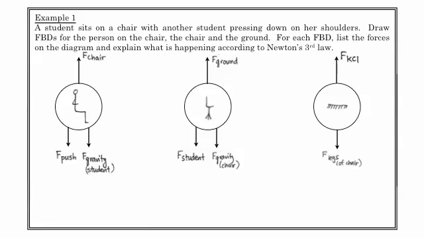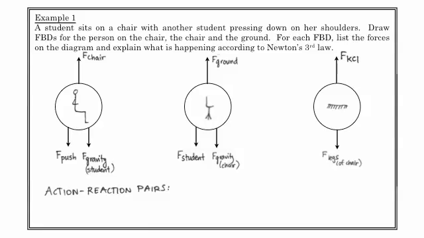And so what we want to say is, okay, well, what are the action-reaction pairs then? Because they do exist here. Between the student and the chair, there's a set of action-reaction pairs, and then between the chair and the ground, there's an action-reaction pair.